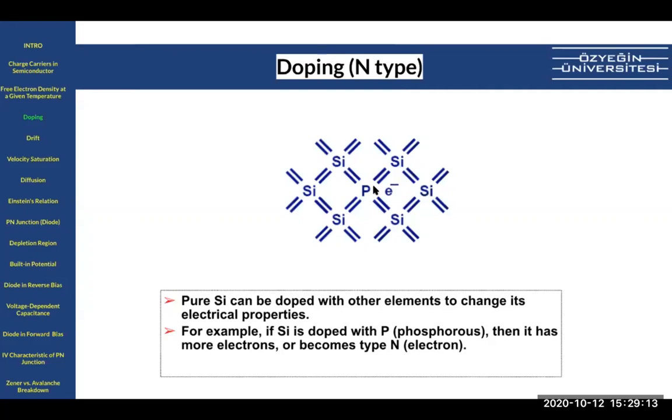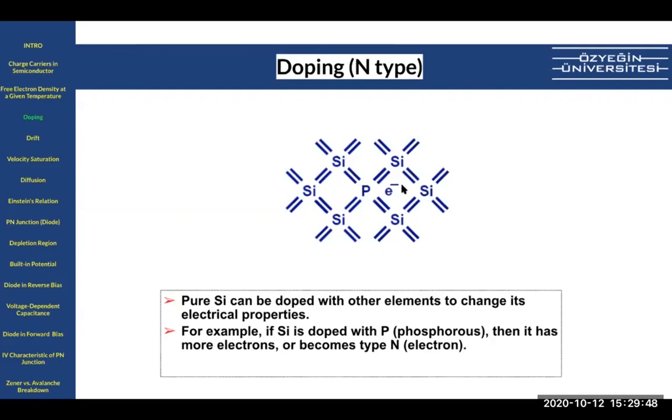The reason is phosphorus has 5 electrons outside, and it uses 4 of them to bond with the 4 electrons of silicon. So what happens to the 1 electron outside? It becomes available. So every phosphorus atom we introduce to the structure creates an electron. So the number of donors, which is what phosphorus is called, equals the number of electrons.